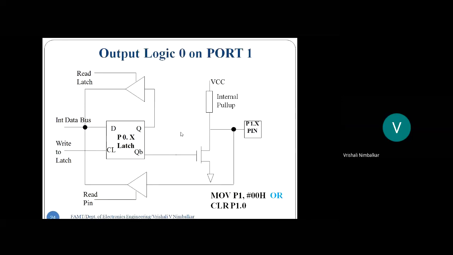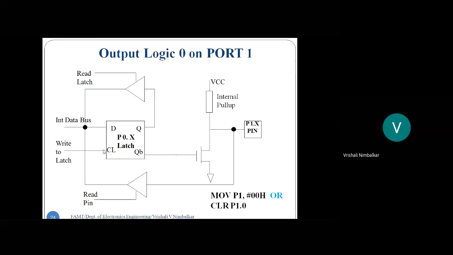Only thing is there is no control circuitry here, because port 1 is a dedicated IO port. It is not a multifunction port, so that middle control circuitry is not present. The latch and the buffers are the same as those of port 0.